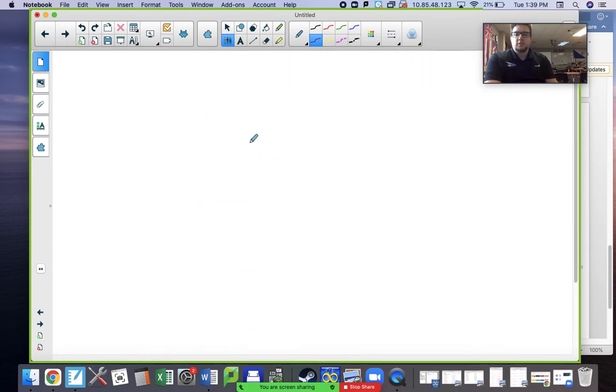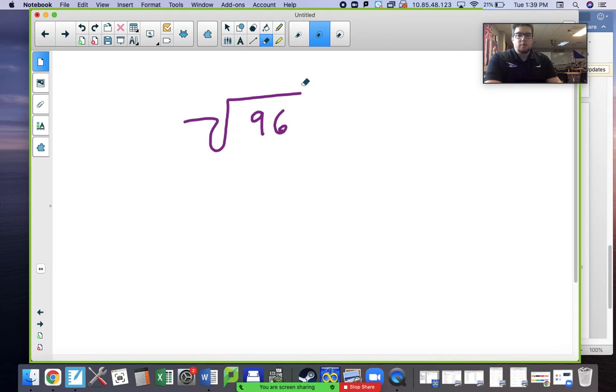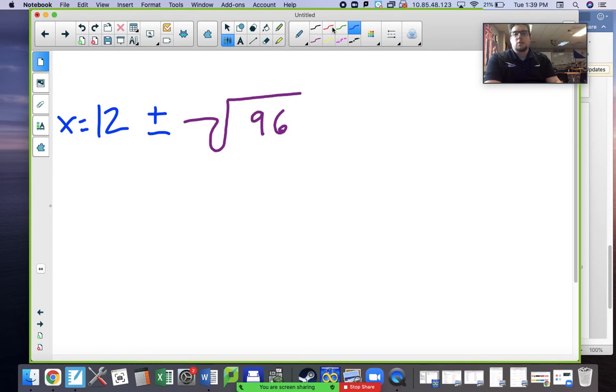Just for good measure, let's say we have the square root of 96. The answer has gotten down to, let's say, 12 plus or minus the square root of 96. That's your answer. You've solved it, and you're like, yay! And then you realize you've got to simplify this thing right here.